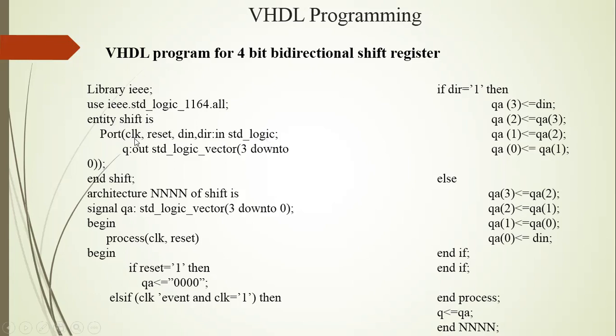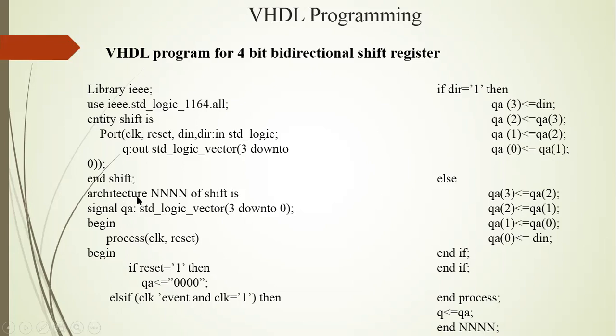Clock input, reset input, din input and direction input are each only one bit, mode is in and data type is standard logic, and q out standard logic vector 3 down to 0. Then end, name of entity, shift is.